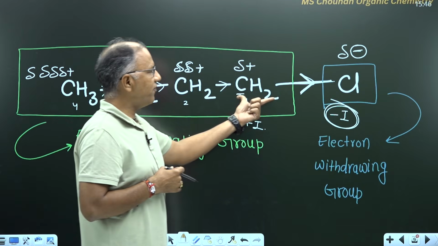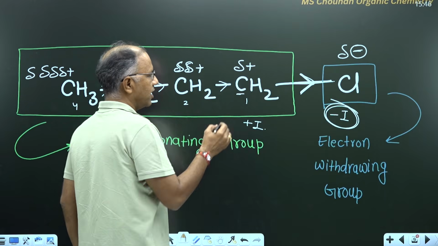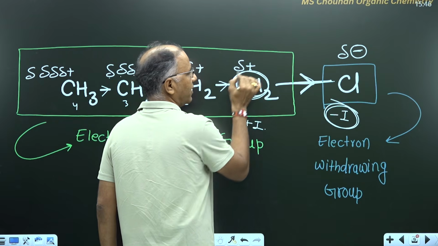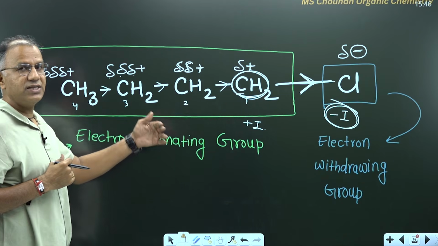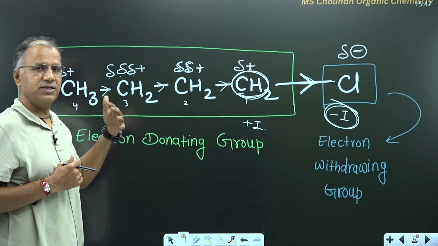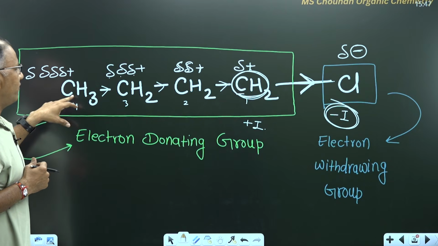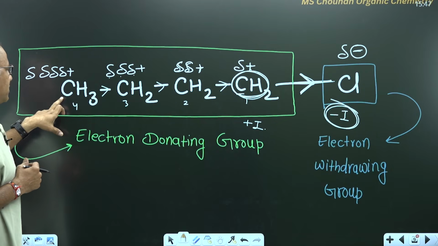The more the difference in electronegativity, the more will be the inductive effect. This means the inductive effect operates maximum on this first carbon. As the carbon number increases, the inductive effect will decrease. So if I ask you in these 4 carbons where the minus I effect of chlorine is least operating, our answer is 4.